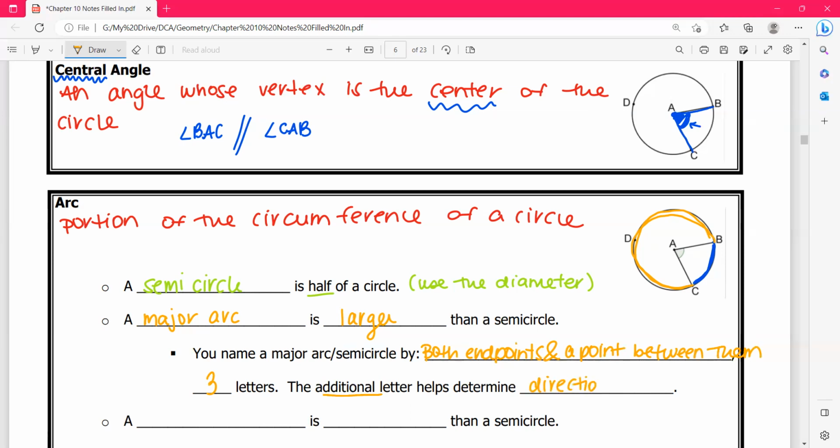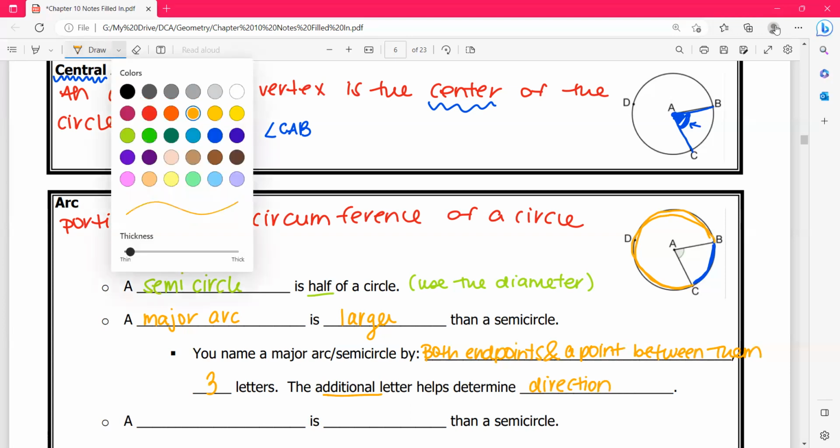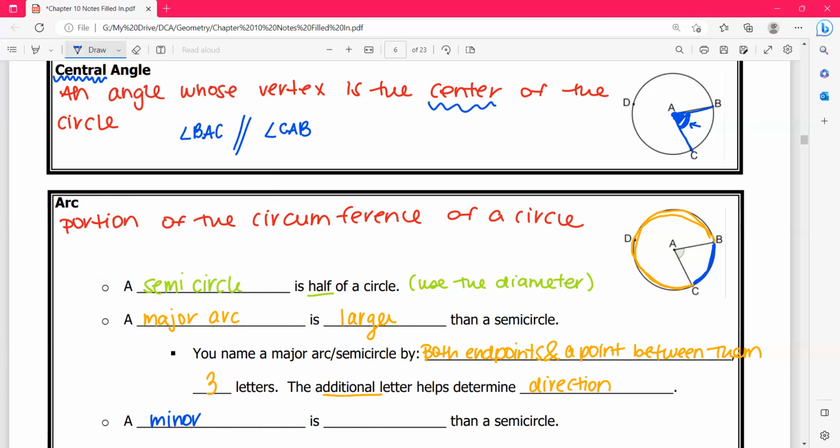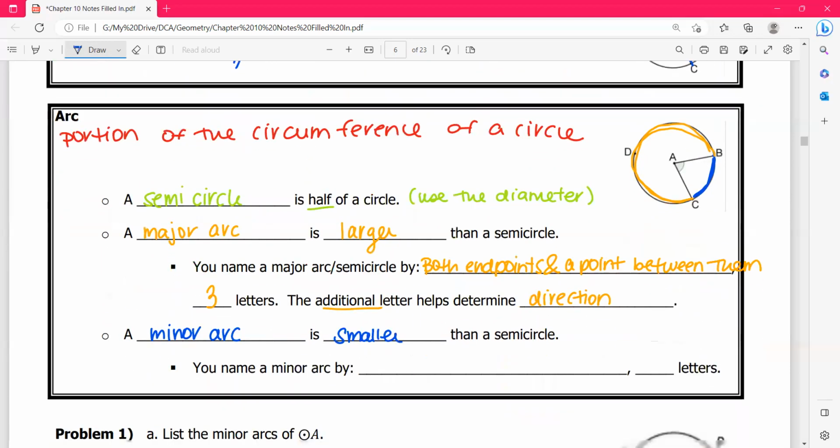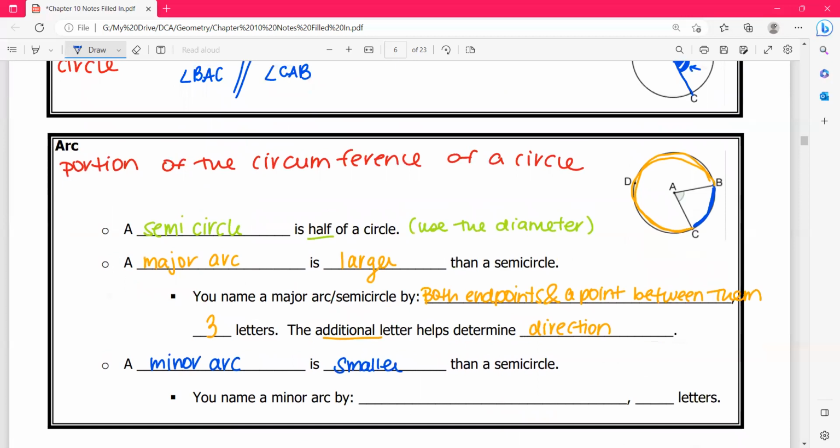And so what I mean by that is, and let me jump over to the definition of a minor arc. So think about if a major arc is larger than a semicircle, a minor arc is smaller than a semicircle. We name a minor arc by 2 letters. So just use both endpoints.